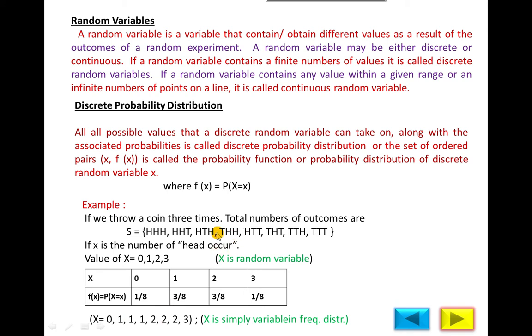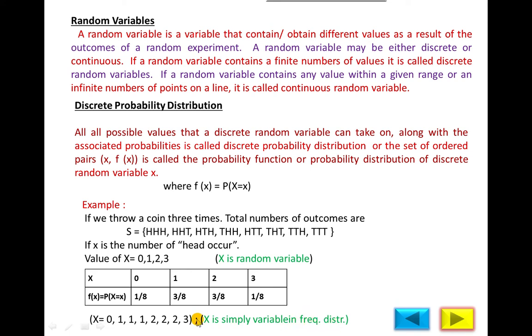Same as 2 heads occur 3 times, write 2 three times, and 3 heads 1 time. So if the variable X represents all the values individually, not the result of the outcomes, 0, 1, 2, 3, these are the actual values, then X is simply called a variable in a frequency distribution.